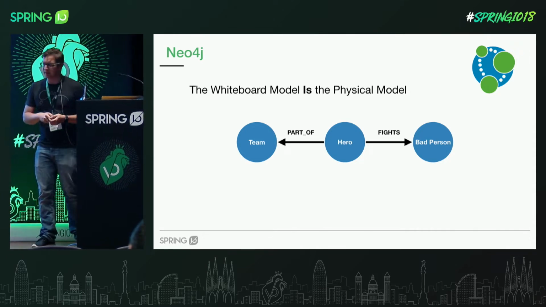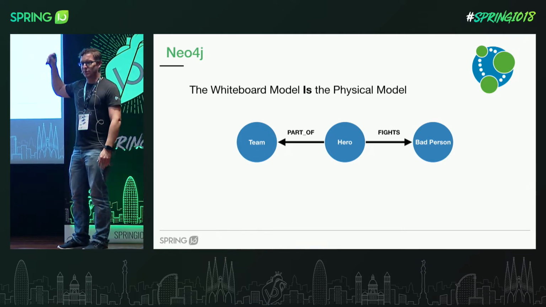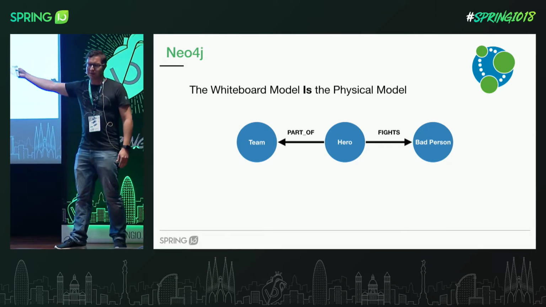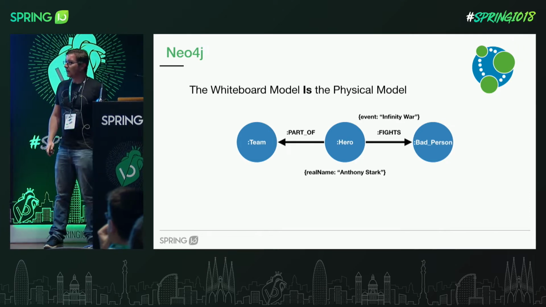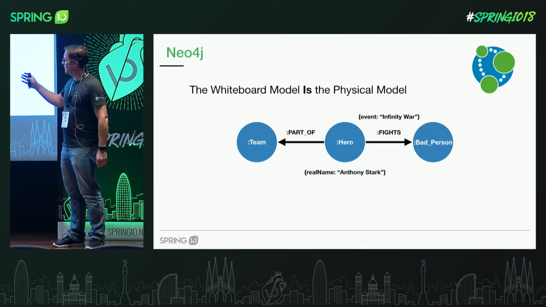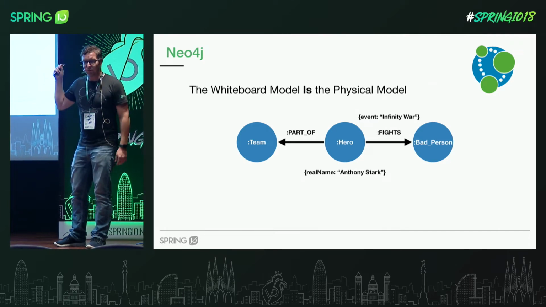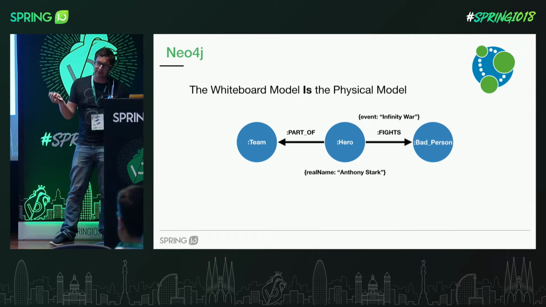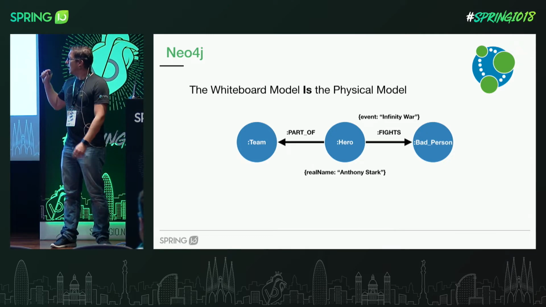And here is some. So this is really simple. We have a superhero who's part of a team, or might be part of a team, and he fights an enemy. And in Neo4j, we use labels, starting with a colon, to identify nodes. You can apply several labels, but in this case, I just wanted to keep it simple.